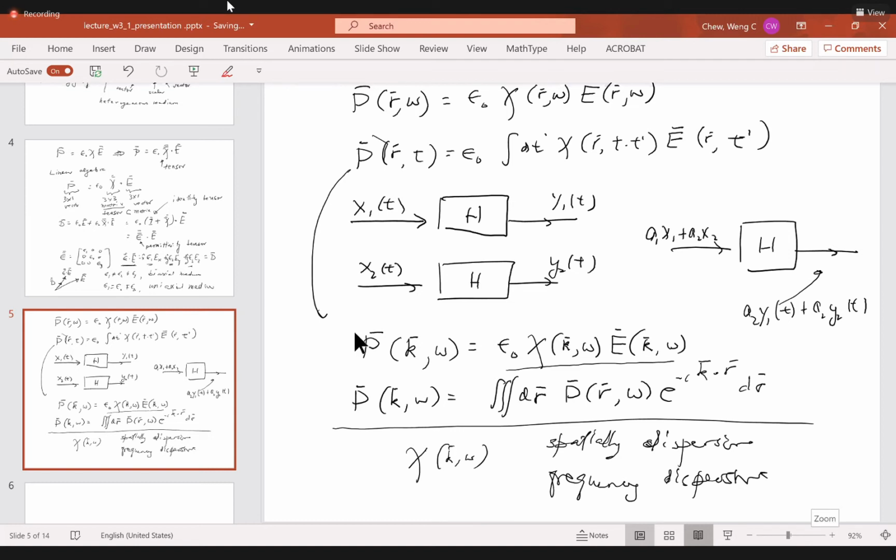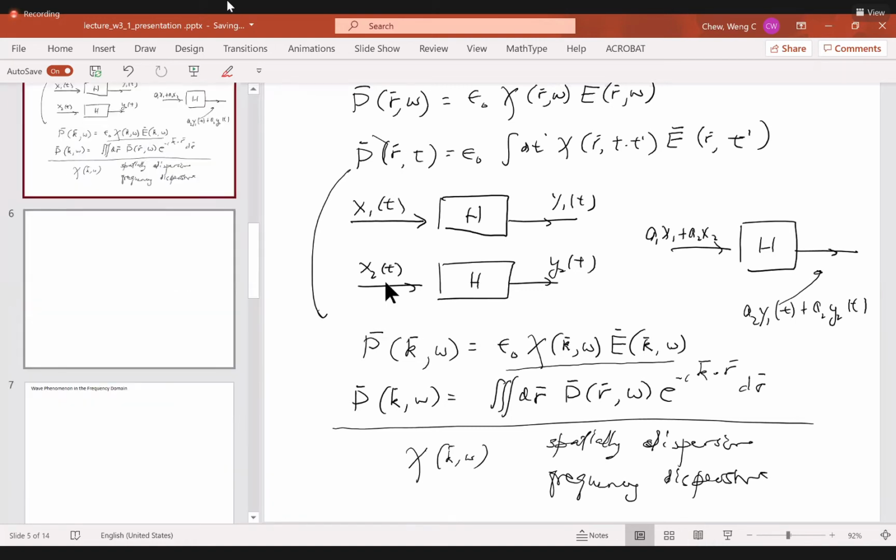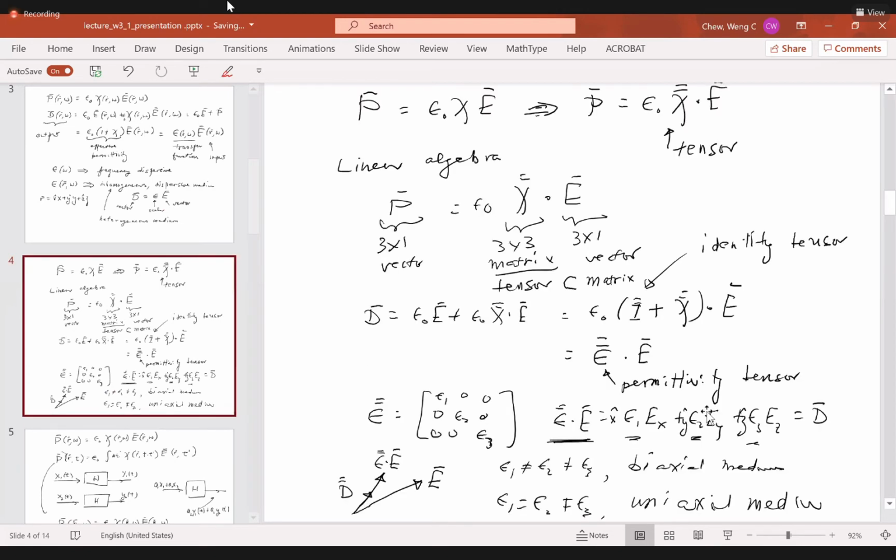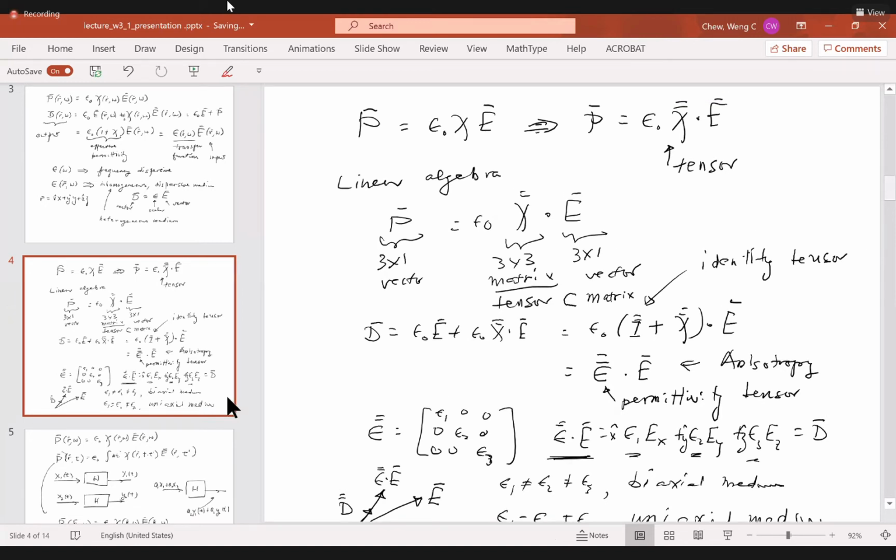Okay, so that is what frequency dispersion is, and then we can have concepts like an anisotropic medium. By the way, something that behaves like this, we also give it a name of anisotropy, which means that the electric field and the electric flux do not point in the same direction.